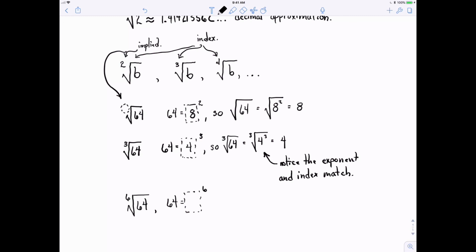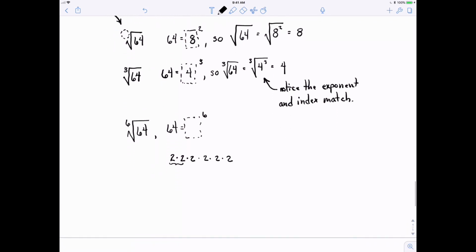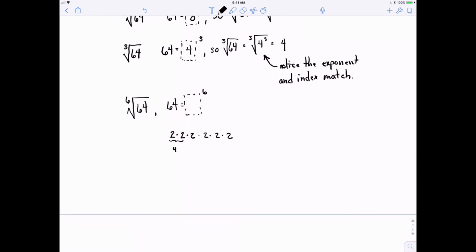Well, let's start with 2. This is a lot of 2's. Well, I'm going to have to write this out to keep track. 1, 2, 3, 4, 5, 6. All right, well, 2 times 2 is going to be 4. And times another 2, it's going to give me a result of 8. Times another 2 is going to be 16. Times another 2, I'm going to get 32. And there it is. If I multiply by this last 2, I get 64.